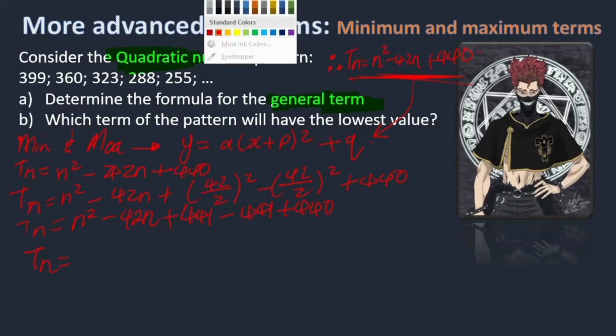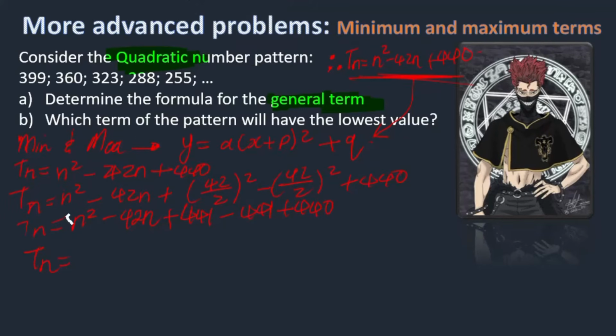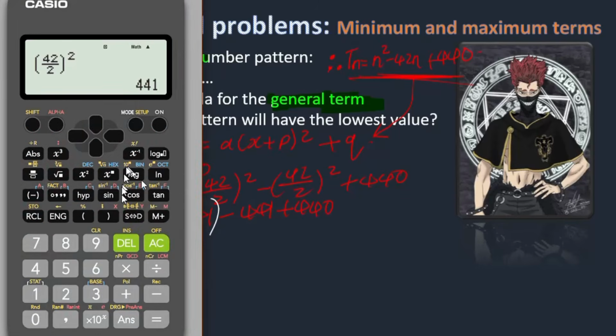I group these ones together, right? And then 441, is 441 a perfect square? Let's use a calculator there. 441 equal sign shift fact.